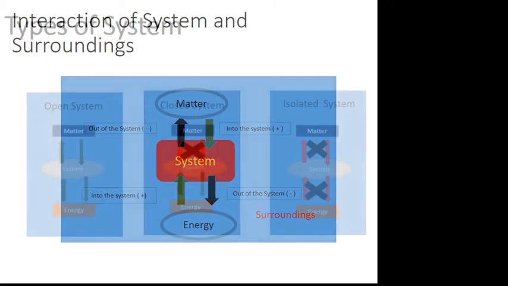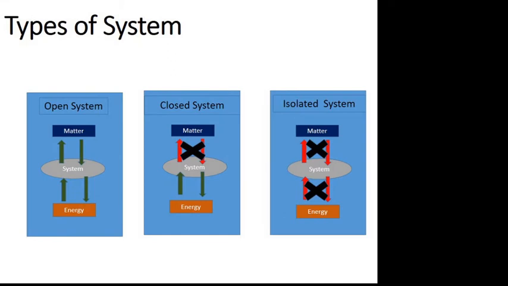Okay. Then next, based on these interactions, a system can be an open system, closed system or isolated system. An open system is a system where the system can exchange both energy and matter with the surrounding.